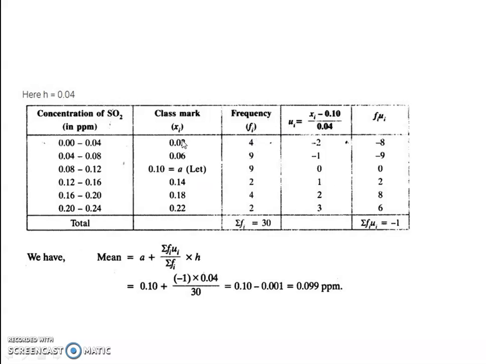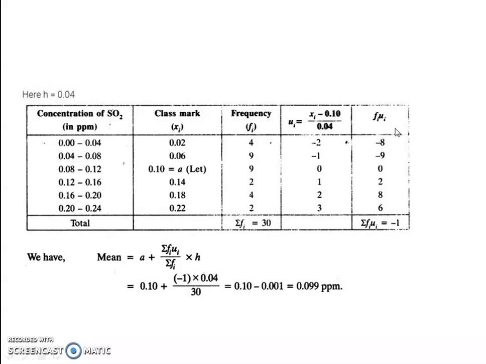So, first one xi 0.02, di is xi minus a. Then you are going to find ui, that is 0.02 minus 0.10 divided by 0.04. Here you have to apply the subtraction and addition rule that you have learned for decimals.